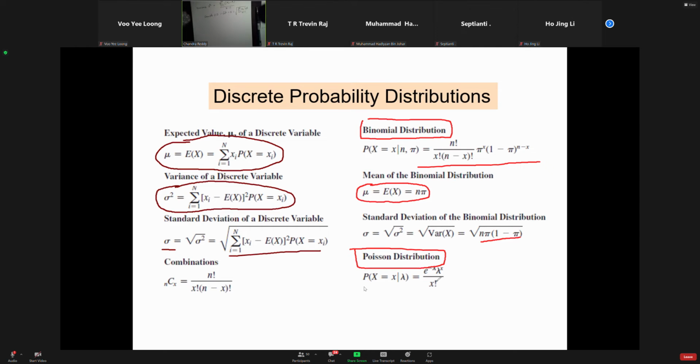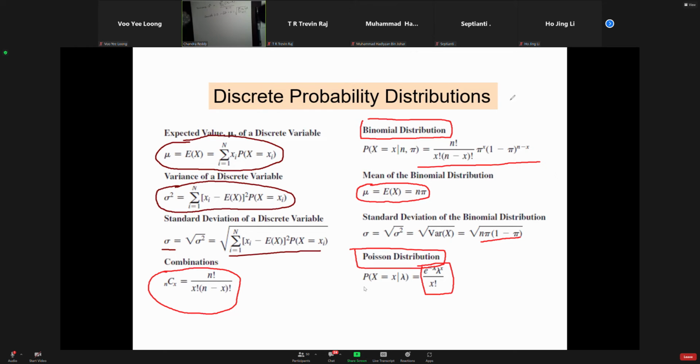Okay, for Poisson distribution, the formula is e to the power minus lambda, lambda to the power of x, over x factorial. How to do the combinations, nCx: the formula is n factorial over x factorial times n minus x factorial. So we have seen all these formulas.